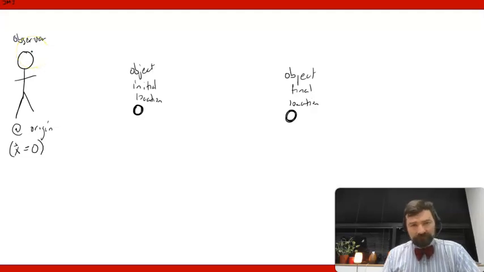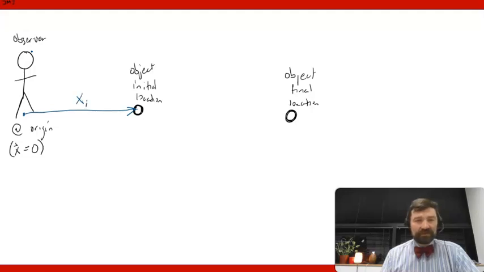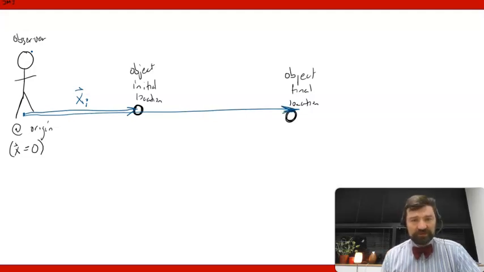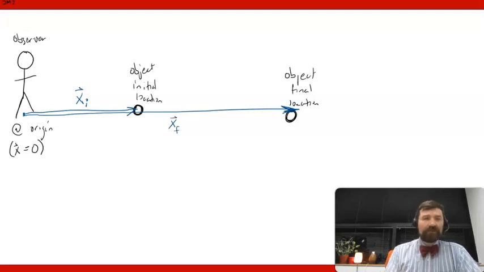My observer is standing here at the origin. This right here would represent my initial position, x, I'm going to use an i for initial. And this right here, from that same origin to where the object is located finally, this would be my final position.